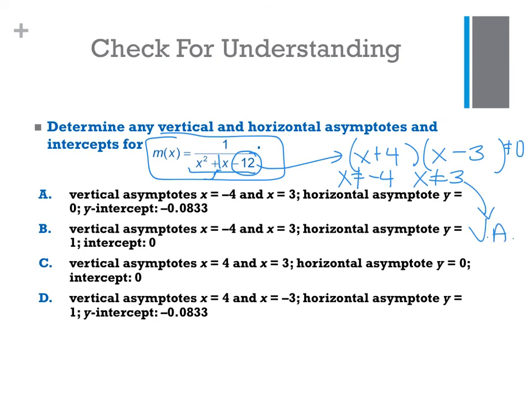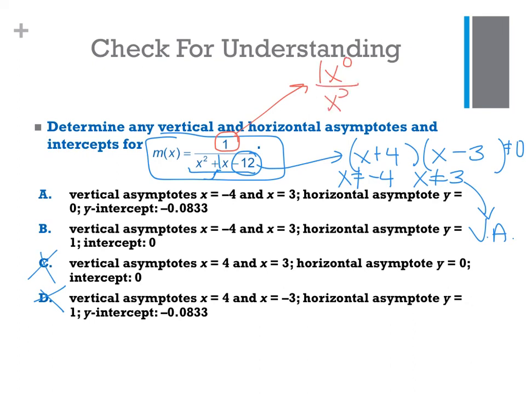So if I look at my choices here, that eliminates C, and that eliminates D. And now what we need to do is look at any possible horizontal asymptote. So our horizontal asymptote considers the degree of the numerator and the degree of the denominator. Since I do not have an x value, really this is x to the 0 power next to the 1 on top.